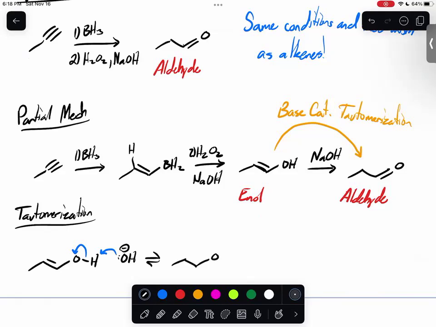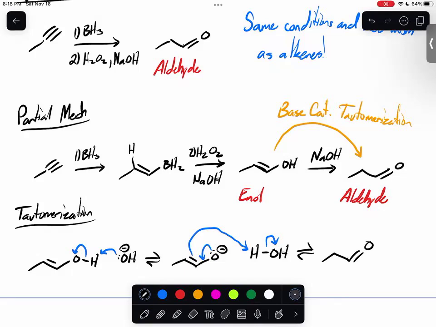So just a negatively charged oxygen on the enol. This can then get protonated by H2O acting as the acid. And for this one, we can also show the resonance and the acid base all in a single step. And so that's how we get to our aldehyde.